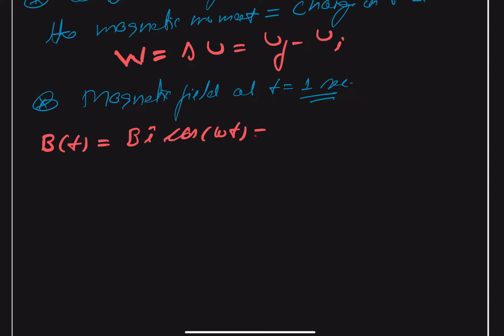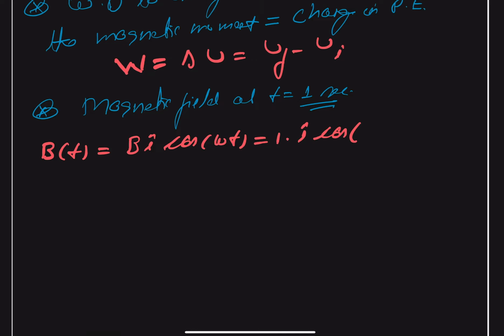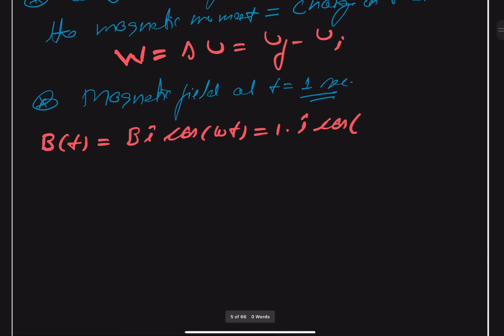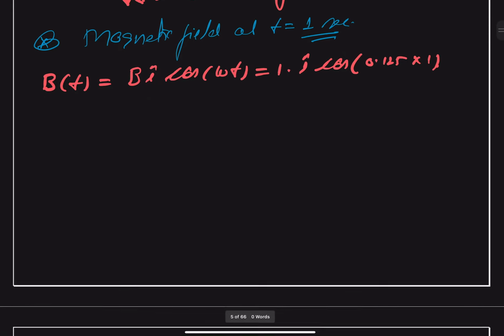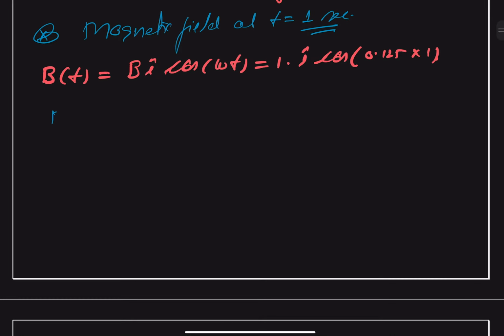Magnetic field is given as 1 Tesla, I unit vector, omega is given to us as 0.125, and time is 1 second. So this gives us that our magnetic field will be equal to cos of 0.125 I unit vector, and this comes close to 0.992 Tesla.